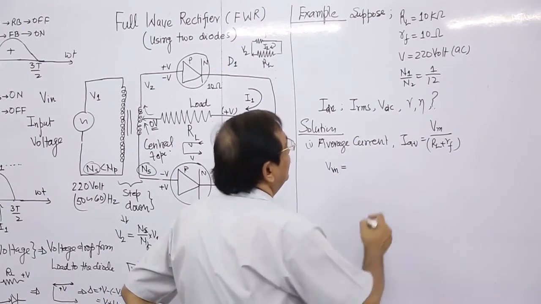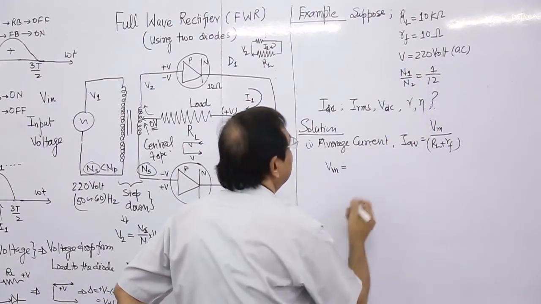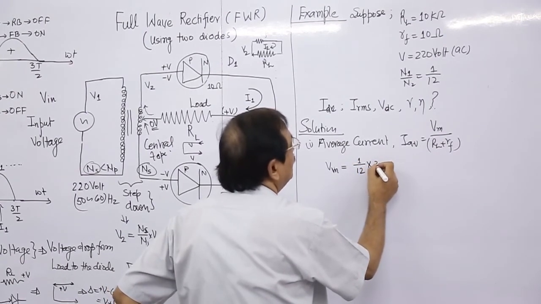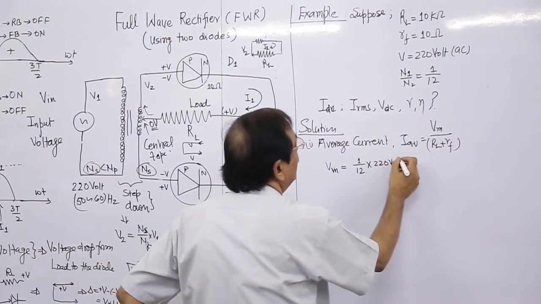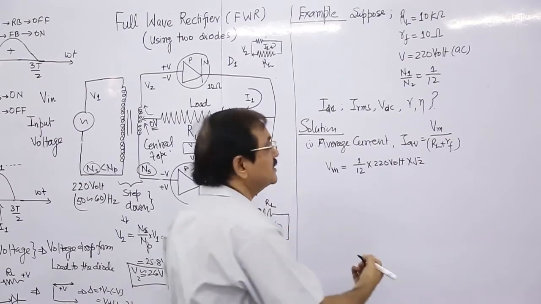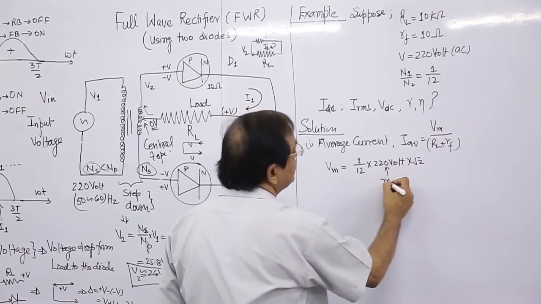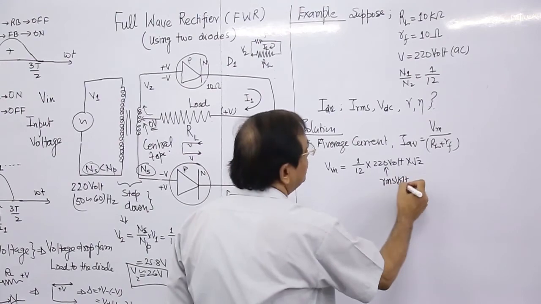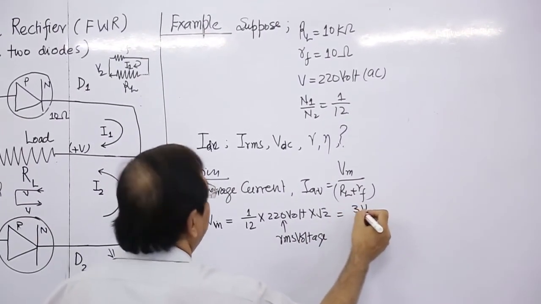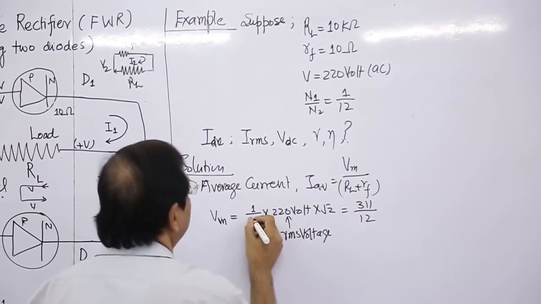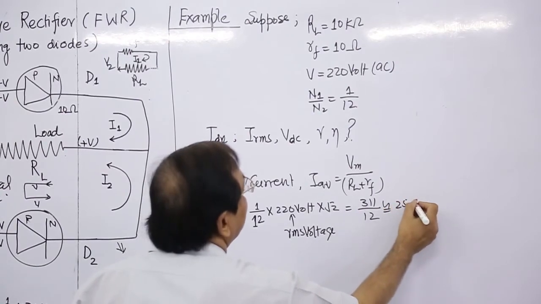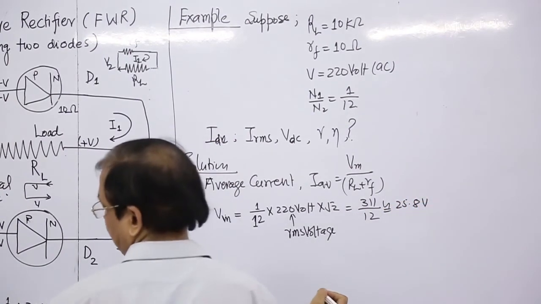Vm is this voltage, that is 1 upon 12 into 220 volt into under root 2. Why under root 2? Because this voltage is the RMS voltage. So this is 311 by 12, that is 25.8 volt.